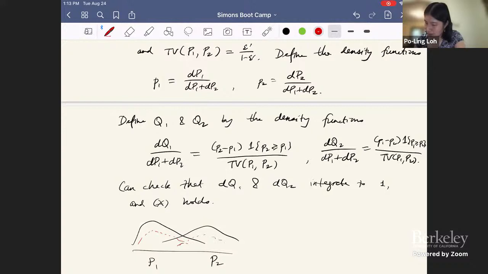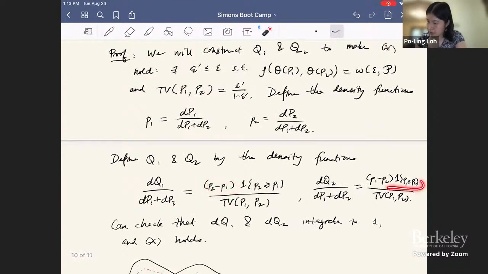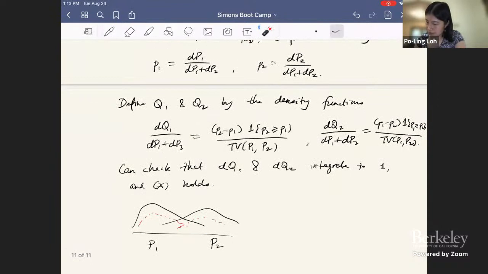So we shrink them down, and then we have to add something else to each of these distributions, and then we get this distribution, which is a shrunk version of P1 plus something else, and the shrunk version of P2 plus something else. So the something else that we add depends on whether P2 is bigger than P1 or P1 is bigger than P2. So if we're thinking about what to add to the distribution of P1, then we add things only on the set where P2 is bigger than P1. Okay, so we sort of shrink it down, we add things here. And then for the other guy, we also shrink it down, we add things here. And things work out so that the expressions are exactly what we should be adding on. Okay, but I won't dwell on that.